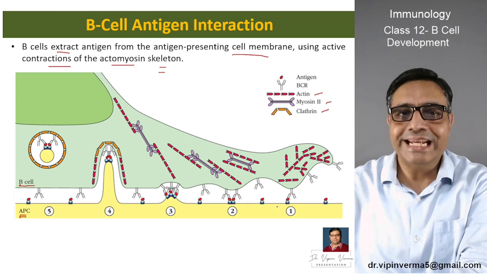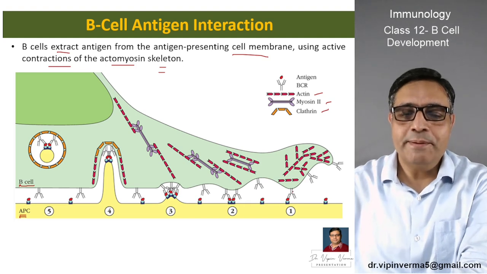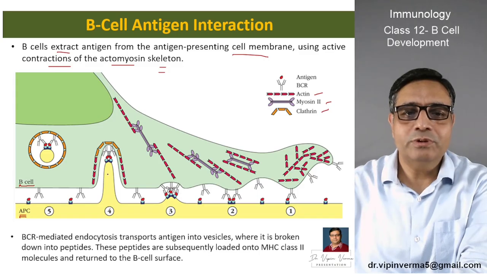So how are they snatching? They are binding to the antigen and slowly taking this antigen away, forming a clathrin mediated endocytosis process, and finally the BCR mediated endocytosis transports antigen into vesicles.